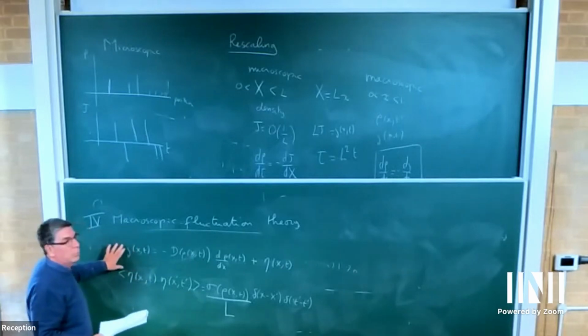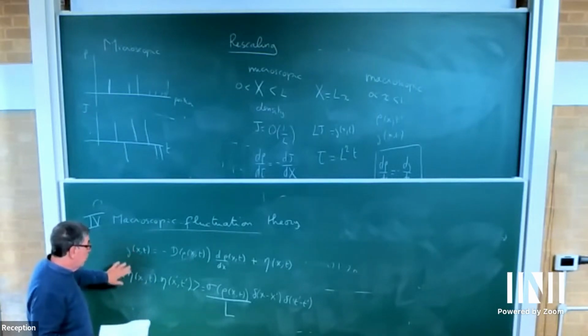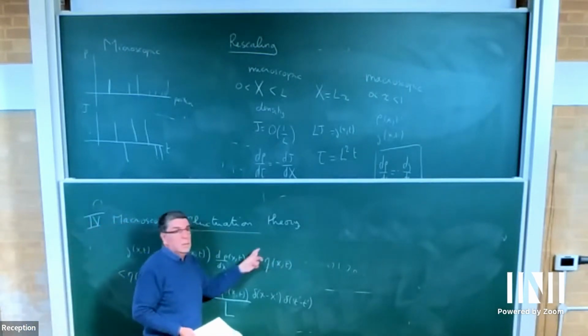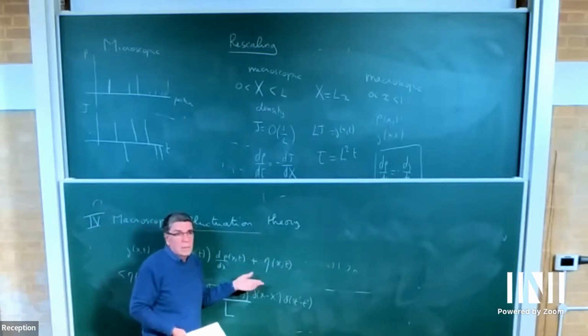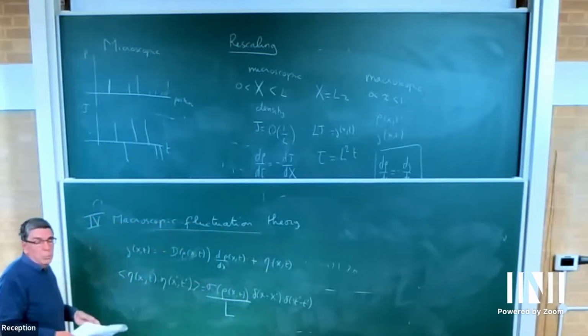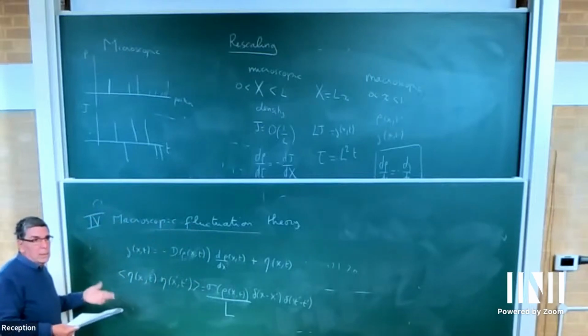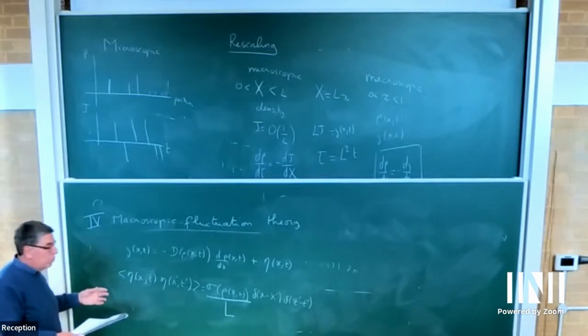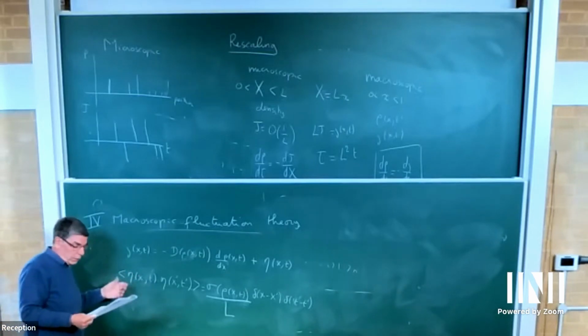Okay, so this is fluctuating hydrodynamics. What is not trivial at all is that this is white noise, and we need to prove it. And as I said, you can prove it relatively easily for some models, but I don't think there is a general proof.